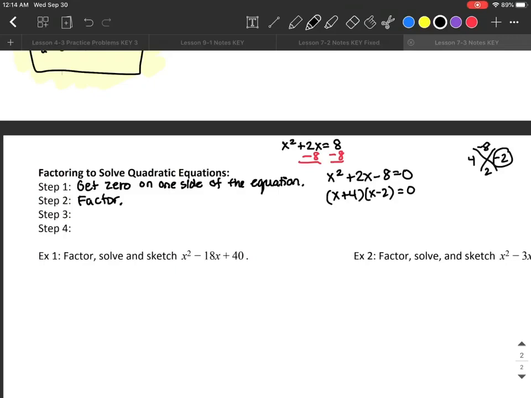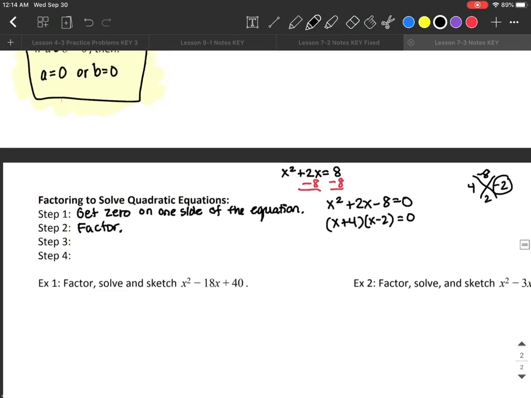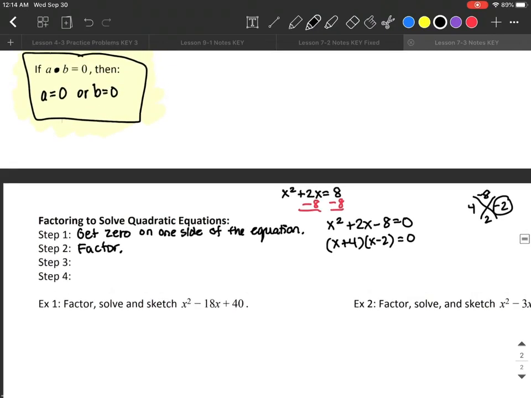Third step, I'm going to take this and use my zero product property and write two equations that I can solve. So third step, write two equations using the zero product property.